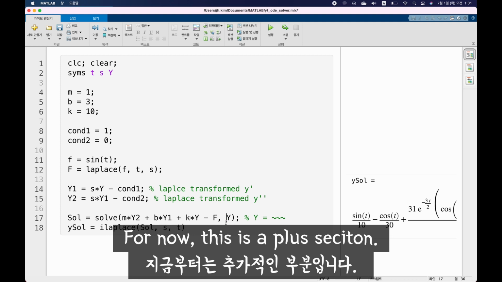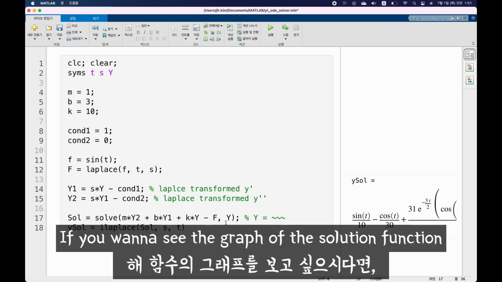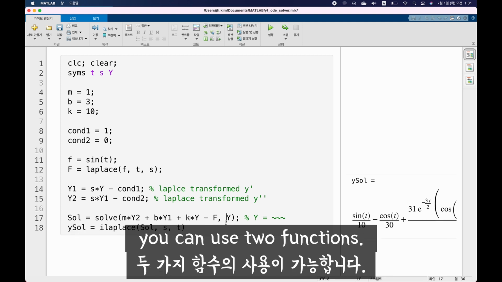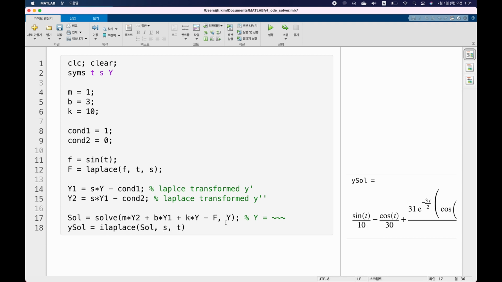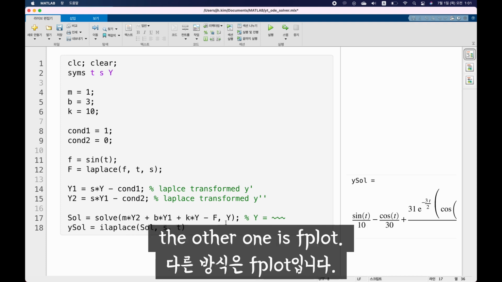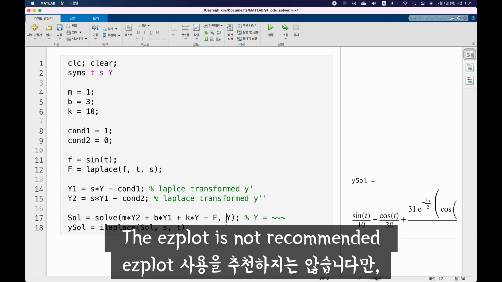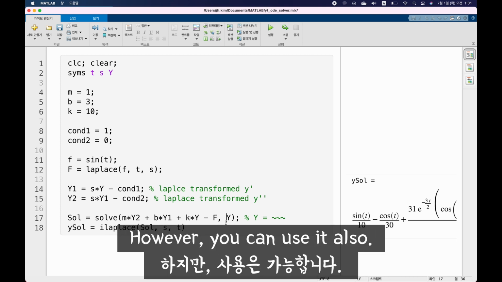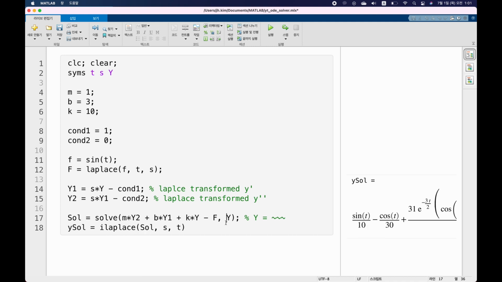For now, this is a plus section. If you want to see the graph of the solution function, you can use two functions. One is ezplot and the other one is fplot. ezplot is not recommended, however you can use it also.